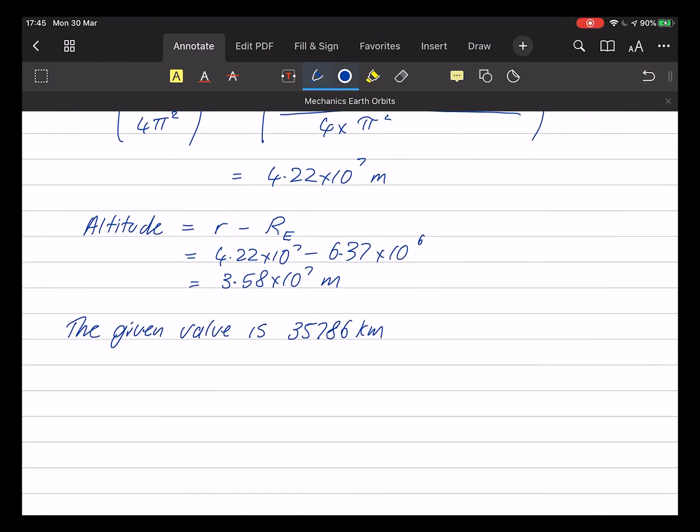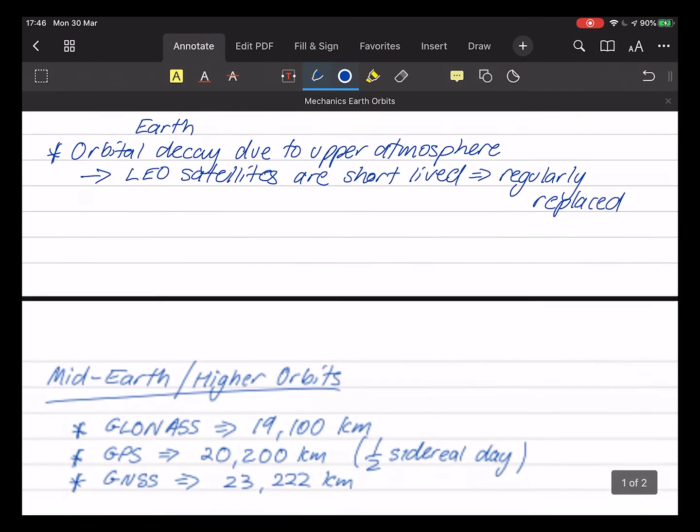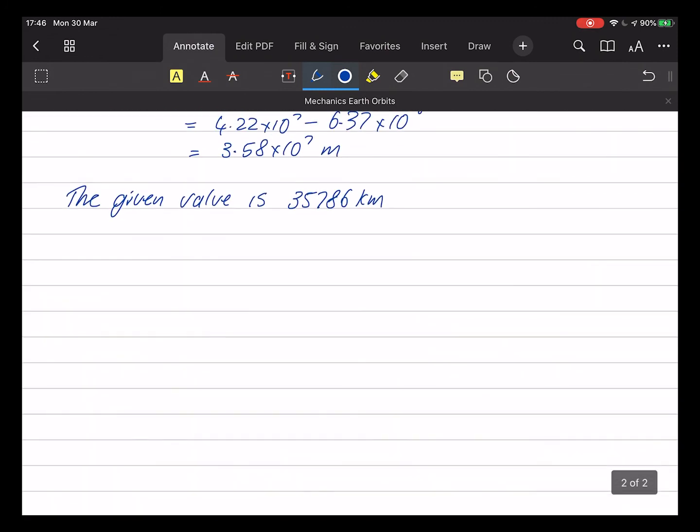So we're at 35, not quite double the GPS, which is already considered a very high orbit. So this is a long way up. It's expensive, because the delta E is huge.